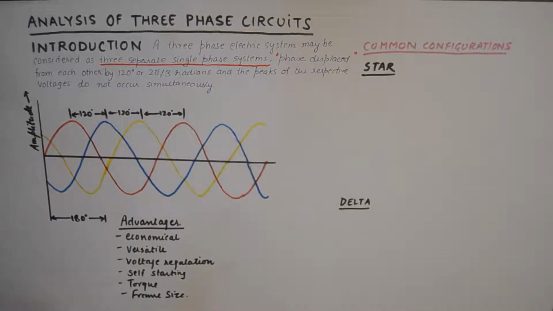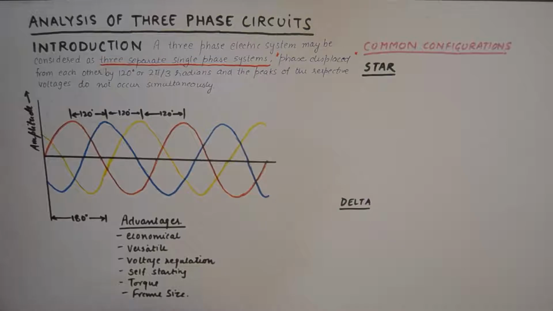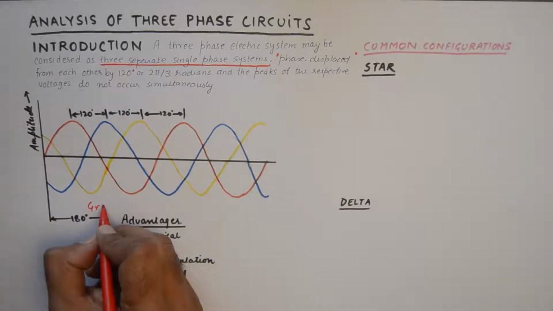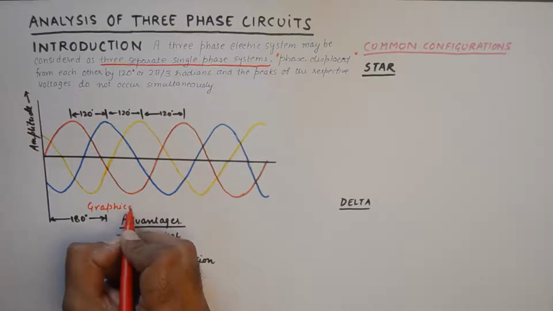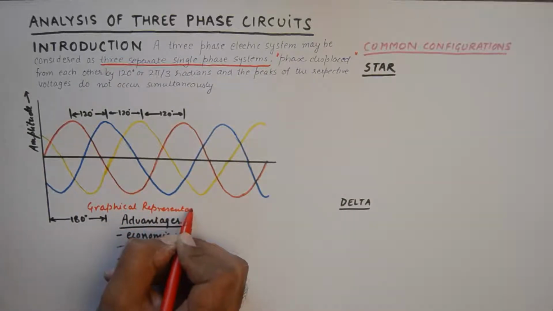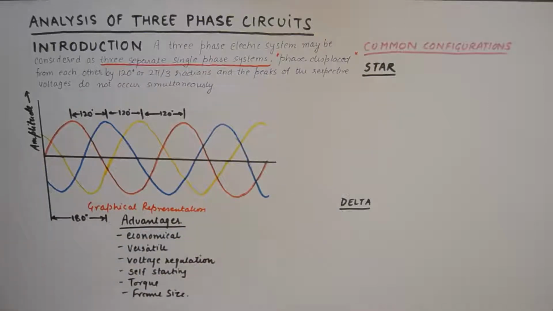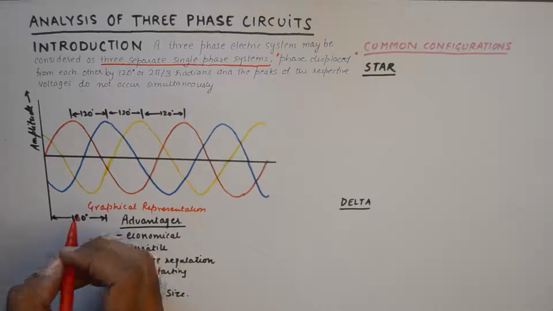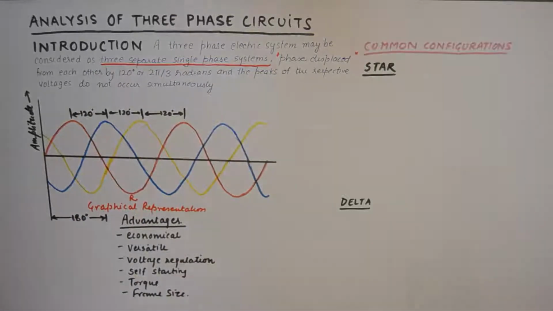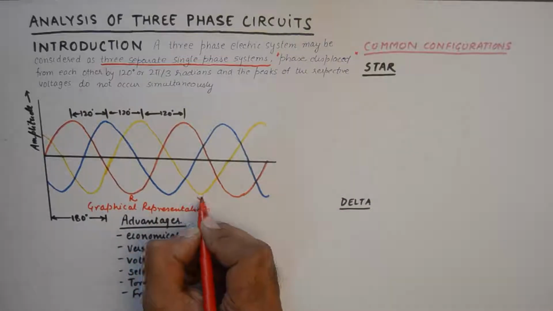So when we talk about a three-phase circuit, the graphical representation would look something like this, where we have three voltages represented by, of course, the red, the yellow and blue.